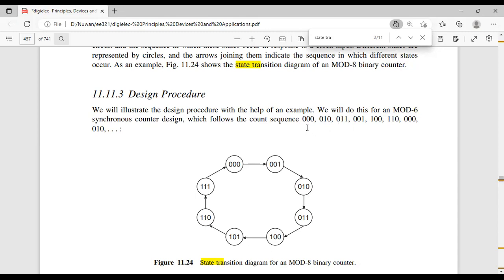That means first you count 0, then you count 2, then 3, then 1, then 4, then 5, and again 0, like this. So this is the state transition diagram for that one.